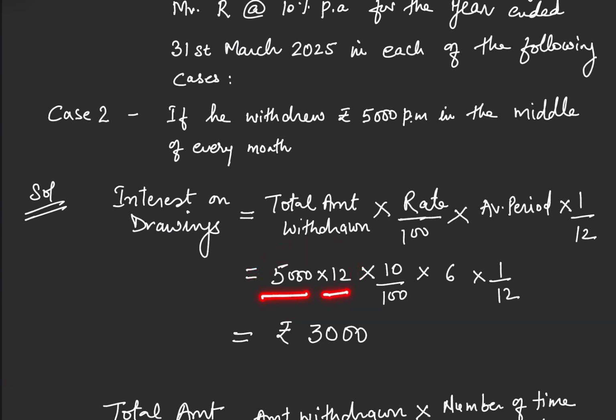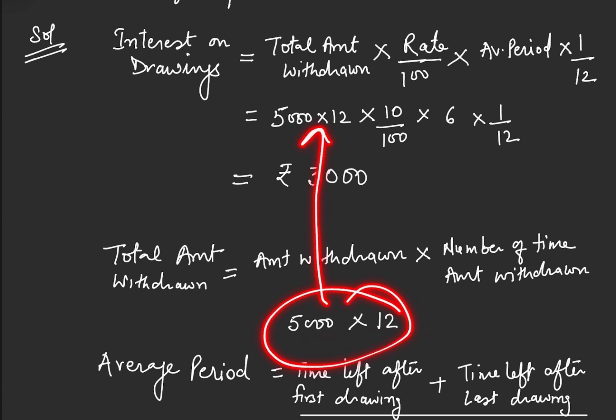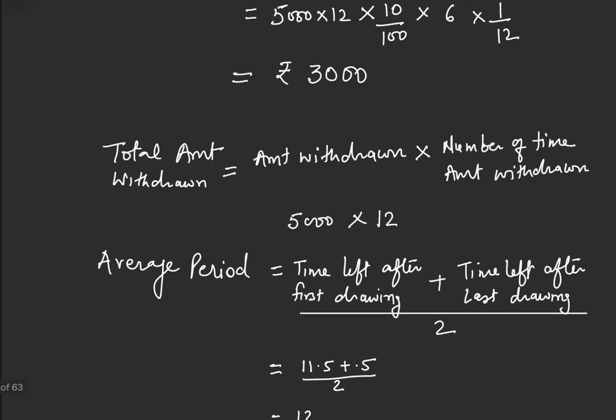Please see that 5,000 multiplied by 12, because we are withdrawing the amount in the middle of every month. So we have 12 months, 12 times the amount is withdrawn. Writing it in the simple form, 5,000 multiplied by 12, putting up this value here in the formula.